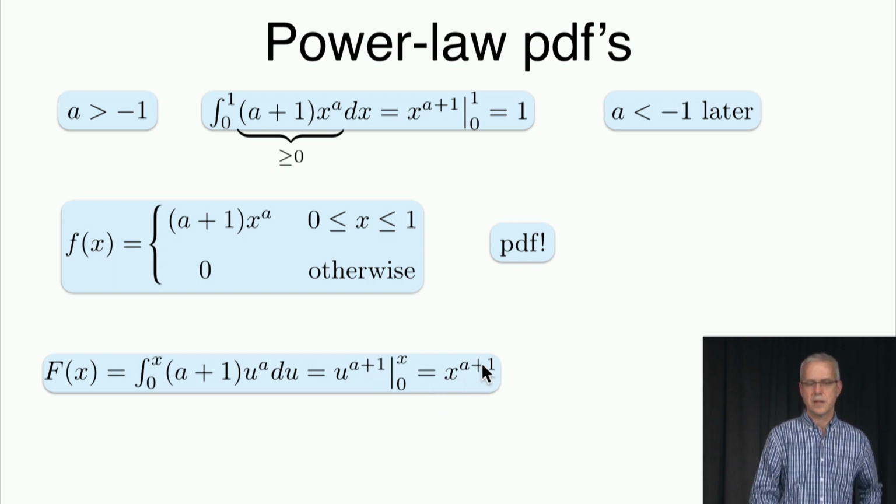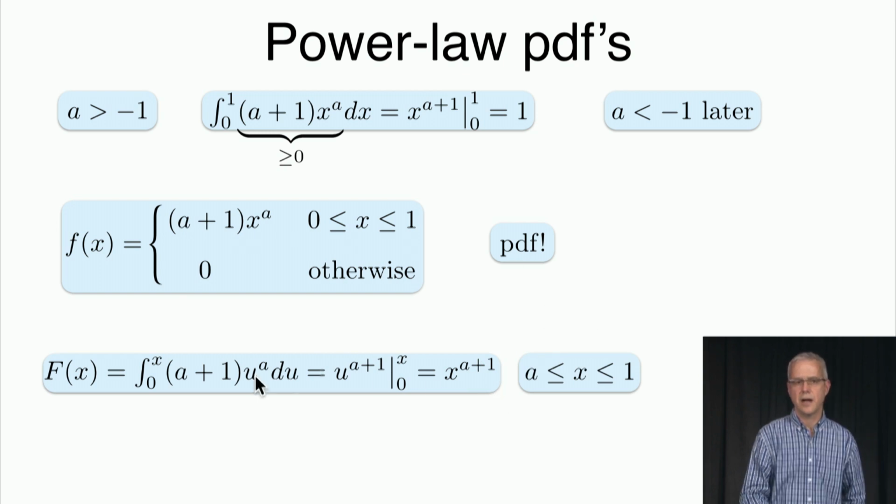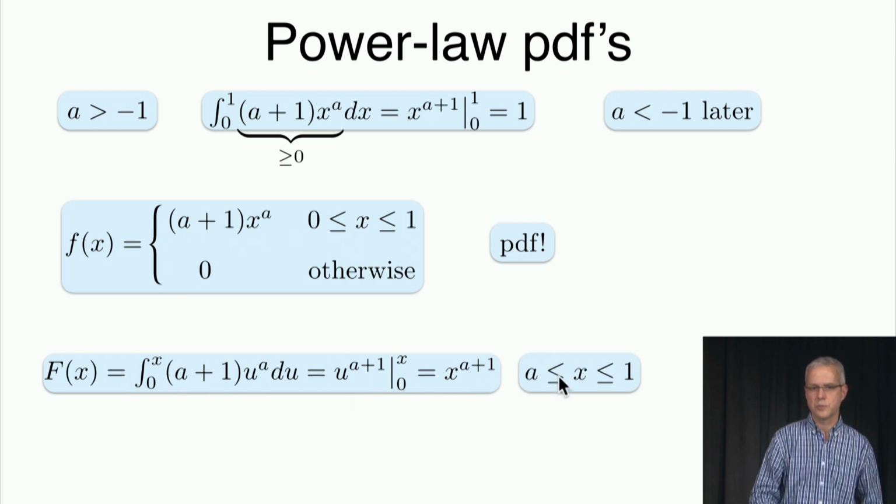So it's x to the a plus 1. And we're going to use a specific case of this where a is equal to 2. In that case, what we have here is 3 times x squared. This value holds between 0 and 1. Below 0, the CDF is going to be 0, and above 1, it's going to be 1.